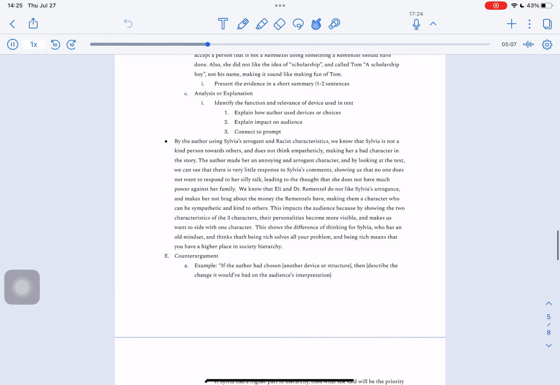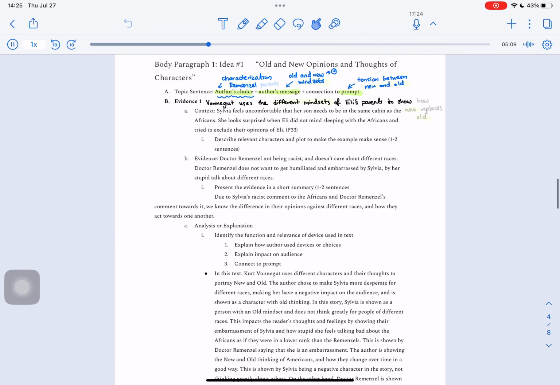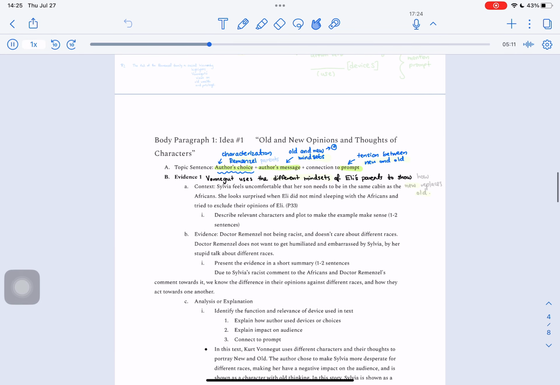Yes, Kiara? Never mind. To show. I bumped my knee. Never mind, it's fine. Okay. There is a different mindset to show. You said how the new replaces the old? Okay.